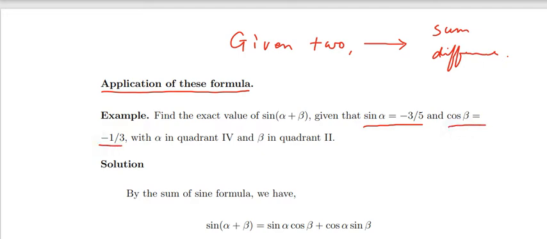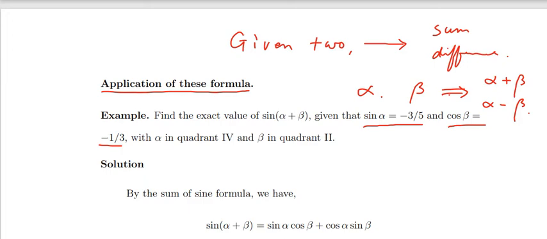So I give you some information about alpha and beta. Then I will ask you to find sine of alpha plus beta, or cosine of alpha minus beta, or tangent of alpha plus beta, or cotangent of alpha minus beta. We can produce those kinds of problems, right?